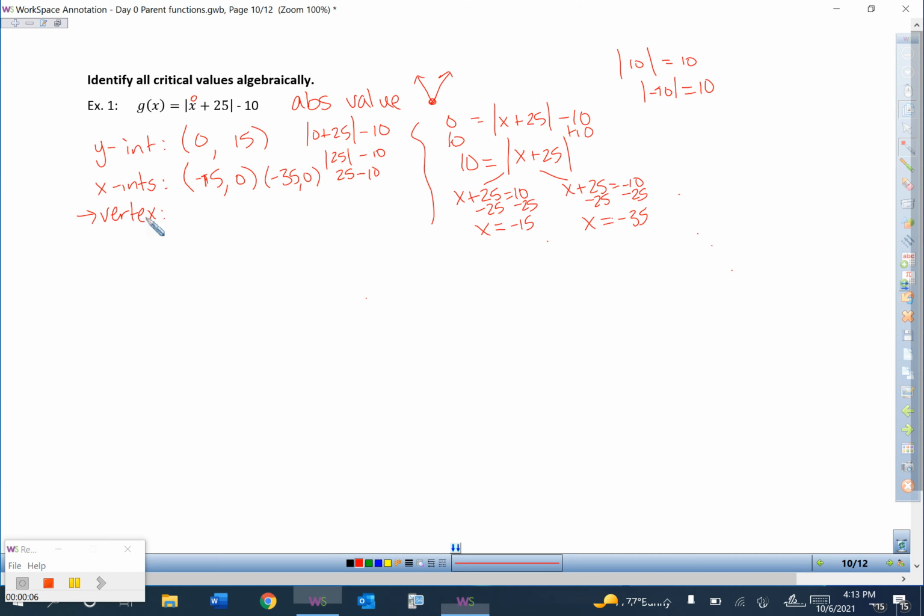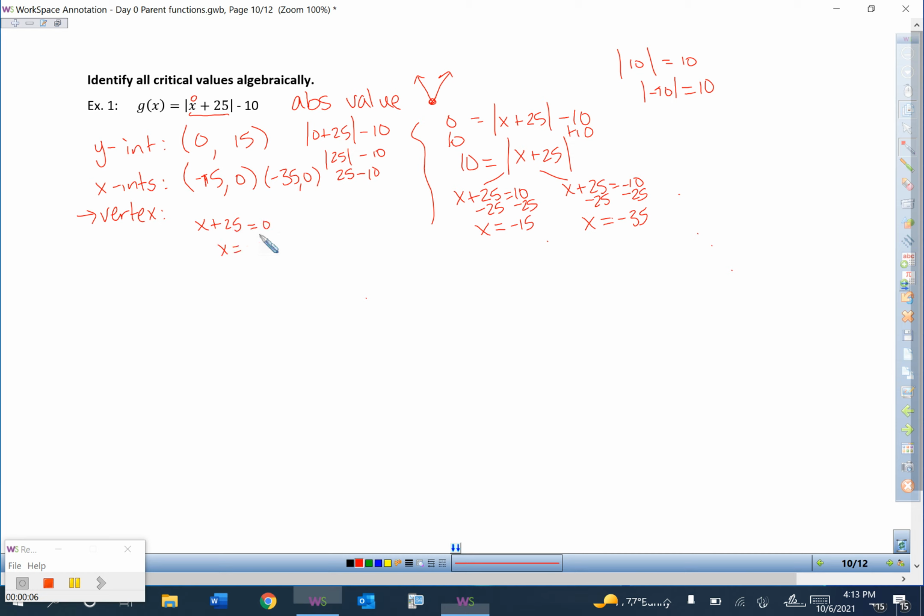Your last critical point is going to be based on whatever grouping symbol you see. Ours is absolute value. And you're going to take whatever is inside those bars and just set it equal to 0. Here's how it works. We're going to take x plus 25, set it equal to 0, and solve.